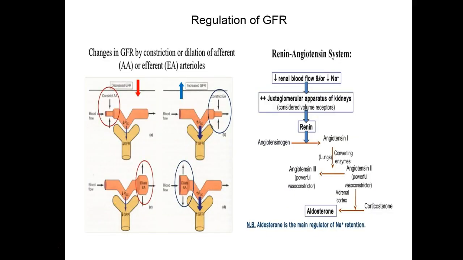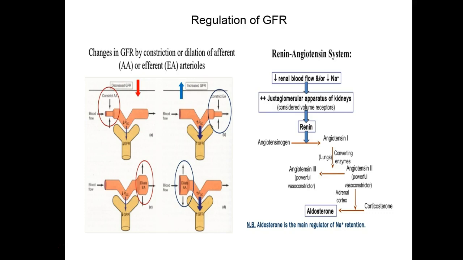So the regulation of GFR, glomerular filtration rate, can be local with just constriction. It becomes one of the first things that happen, just constricting the arteries.